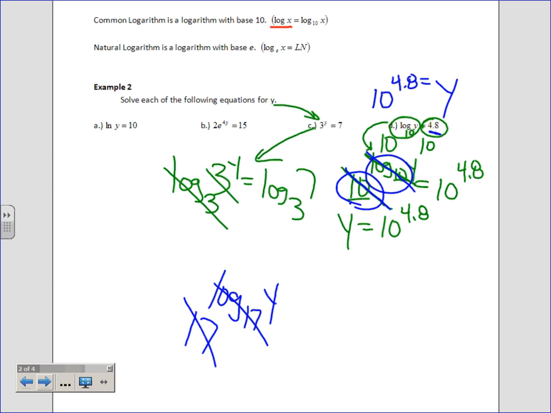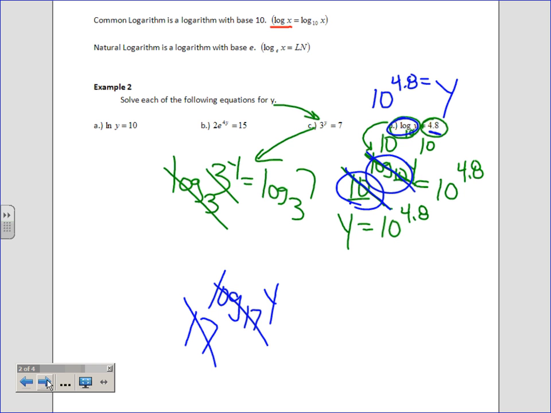There is no log base 10 on this side because there wasn't that one there originally, and I never added one in on the left side. I just took the one that existed and I put it as the exponent. Okay, I never created another one in the problem. In fact, I tried to get rid of all of them is what I was trying to do. Yep, the whole thing is the exponent. Yep. Okay.